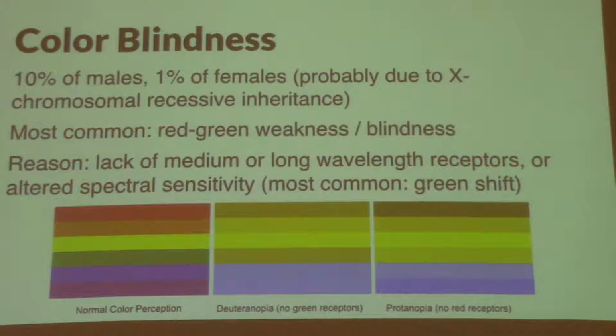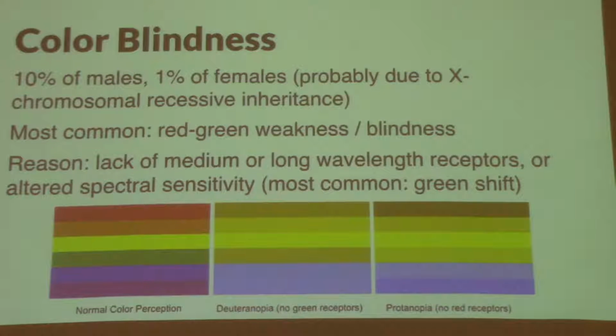The reason is simply that colorblind people have a lack of medium or long wavelength receptors, so the cones, or altered spectral sensitivity. Most commonly, this is a green shift. So this is how somebody with normal color vision would perceive this rainbow flag.